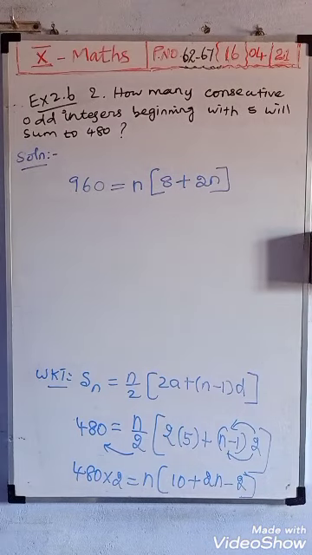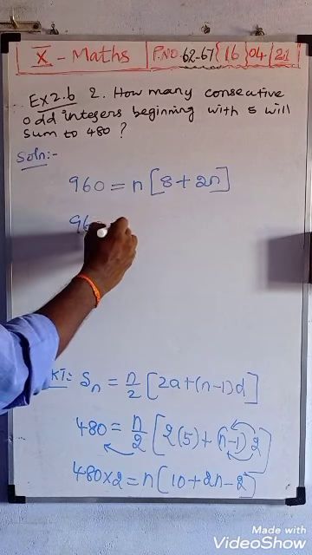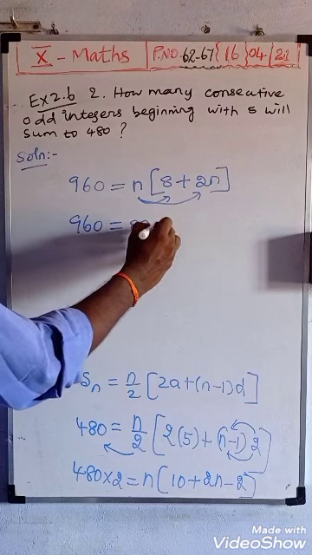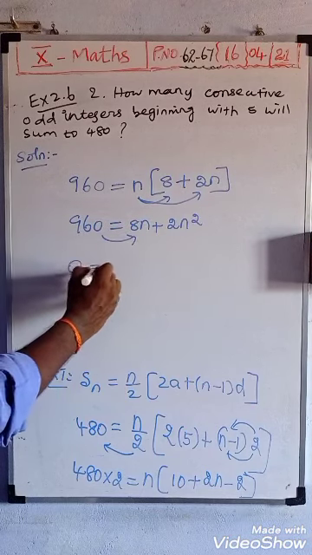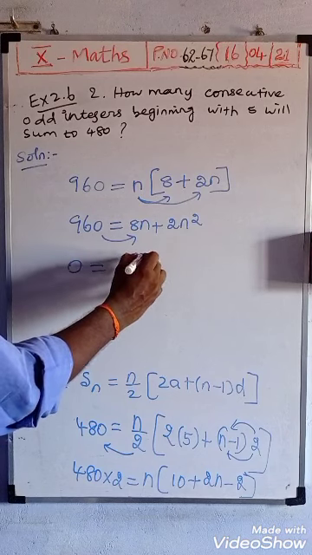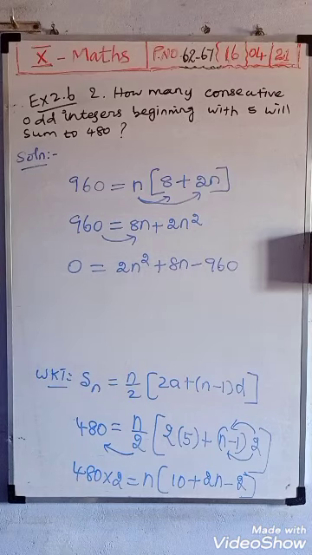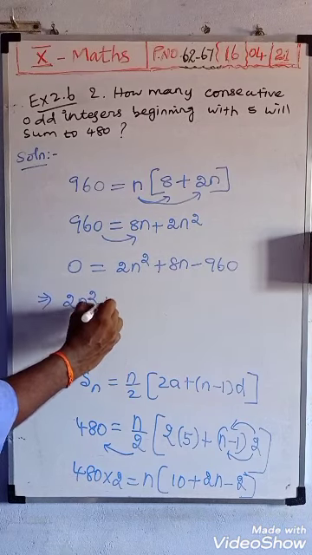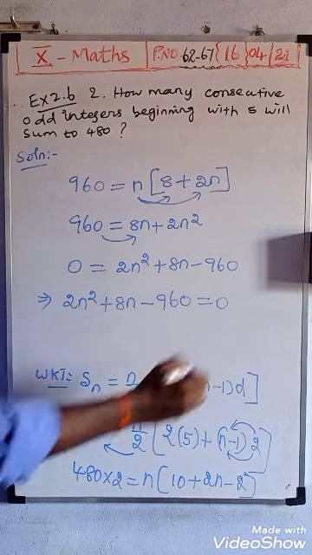Then multiply inside: 960 is equal to 8n plus 2n square. So it goes to 0 is equal to 2n square plus 8n minus 960. Change and write this as 2n square plus 8n minus 960 is equal to 0.